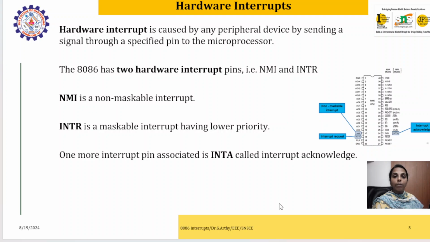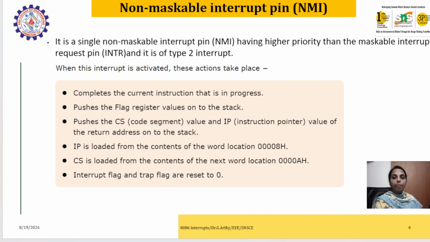Whenever that kind of interrupt occurs, obviously it will be given the highest priority. INTR is a maskable interrupt. One more interrupt pin associated is INTA, which is known as the interrupt acknowledgement pin.